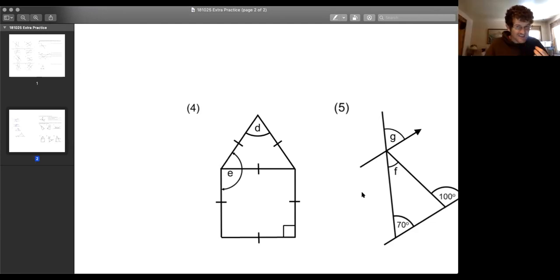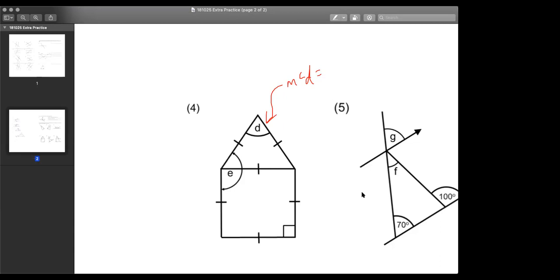So knowing that this is equilateral, if you remember the rule we learned yesterday, what is the measure of angle D going to have to be? Would be 60. 60 degrees.